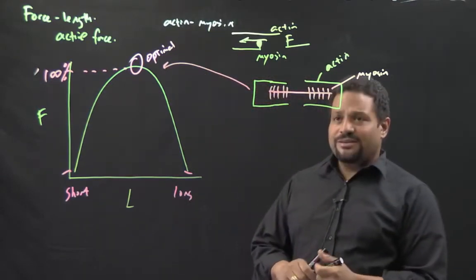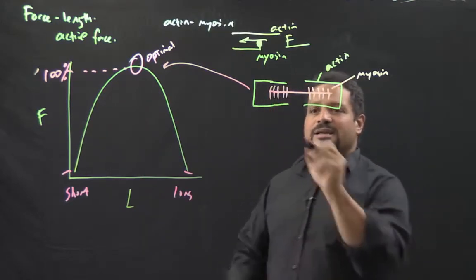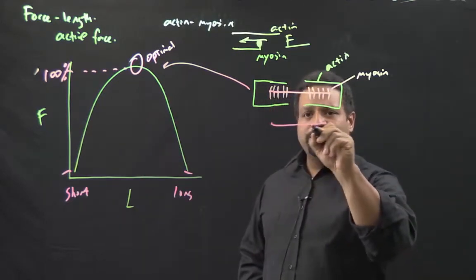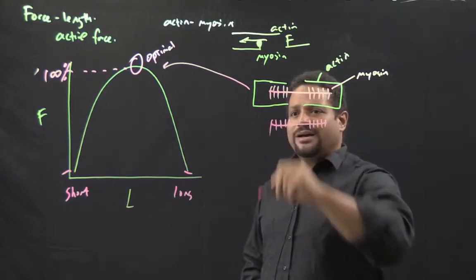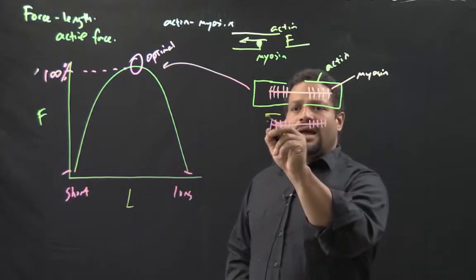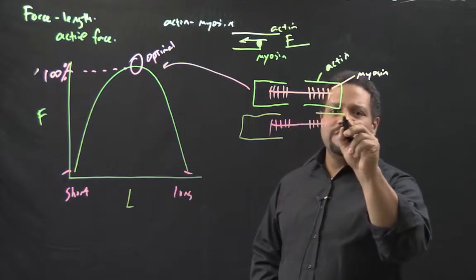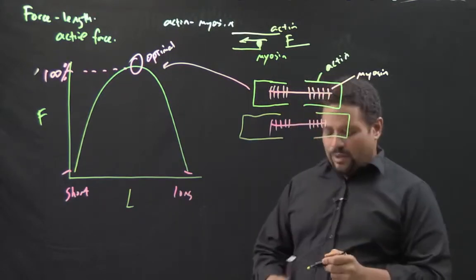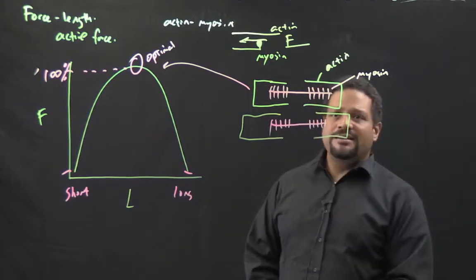If I stretch it a little bit more, what we will have, and I'll just draw the myosin in here for a reference frame. 1, 2, 3, 4, 5. If we stretch it a little bit, and the actin does not overlap efficiently with the myosin, we'll get a reduction in force because less of these myosin head groups can interact.